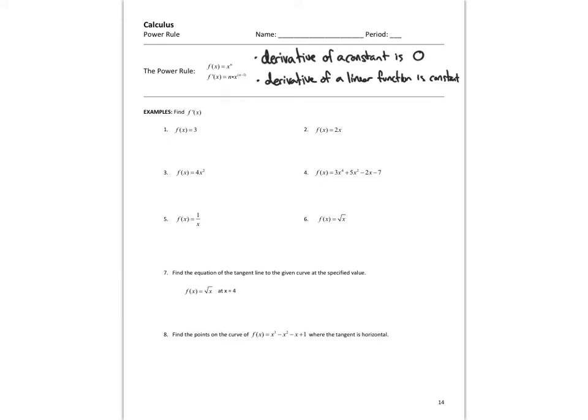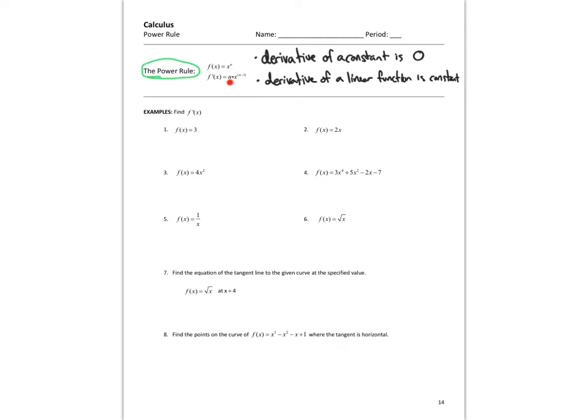All right, so the first rule we're going to learn is called the power rule. The power rule looks like this. It says that if you have a function that equals x to some power, all of these are really for polynomials, then the derivative, f prime of x, is equal to, well, we take that exponent and bring it down in front.